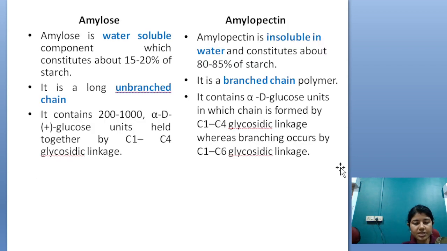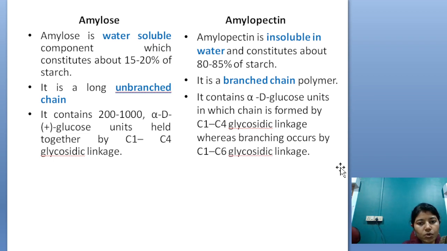Amylose is the water soluble component which constitutes about 15 to 20% of starch, and amylopectin is the part insoluble in water, constituting about 80 to 85% of starch. Amylose is a long unbranched chain, while amylopectin is a branched chain polymer.